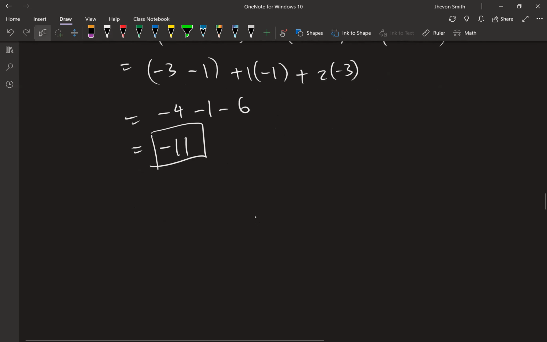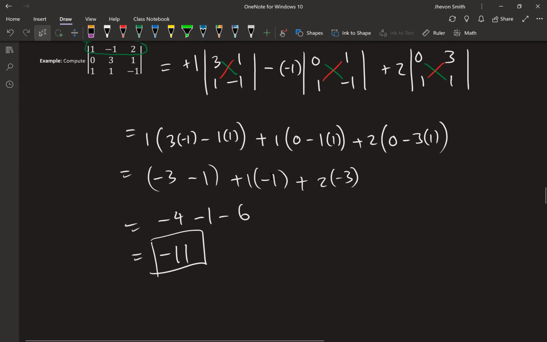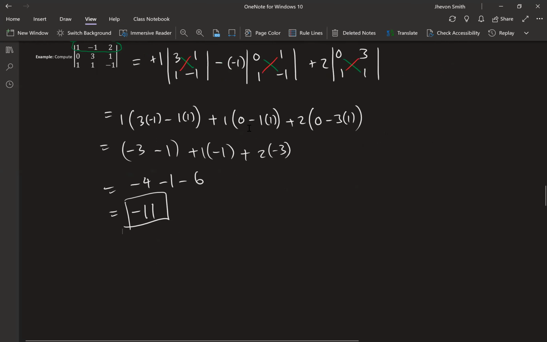One way you can interpret that -11 is if I were to take these 3 vectors, not to scale, of course. Like 1 going across here, 1, 1, -1, there's another vector going across here, that was the 0, 3, 1.